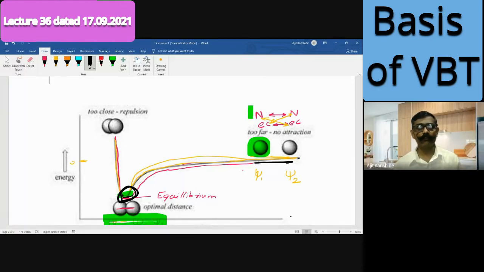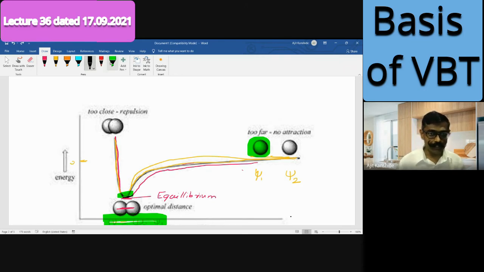Now one may ask the question, what if we consider electrons with the same spin? See here, this hydrogen has a spin of the electron, say positive spin. I am representing that, the positive spin. The other hydrogen also has the spin, say positive. It is like a north pole and north pole situation.